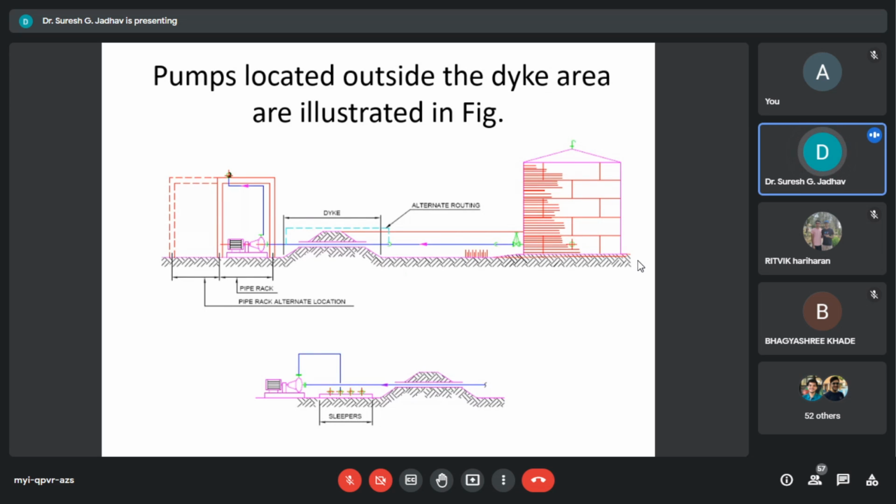So therefore, adequate maintenance area around the pump shall be a prime consideration for planning the piping arrangement at suction as well as discharge ends. The piping arrangements, the optimum piping arrangements in tank farms.